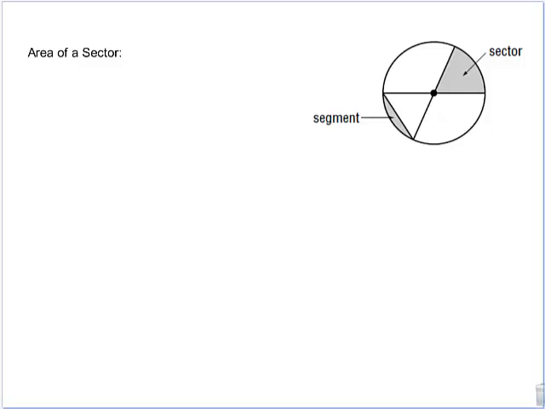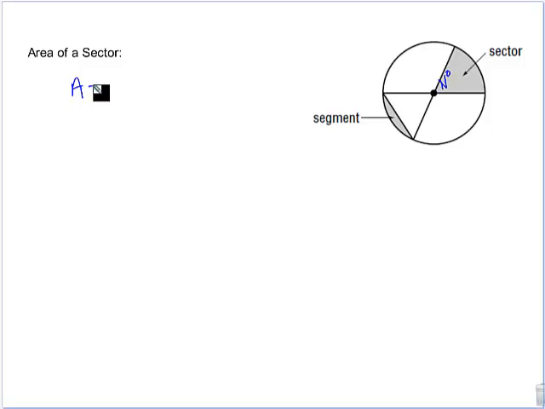We can also have the probability of a sector, which is just a part of it. So we first have to talk about the area of a sector. I'm going to call that n degrees in there. And this is really just like a proportion. This is just a certain part of the circle. So how many total degrees are in a circle? 360.